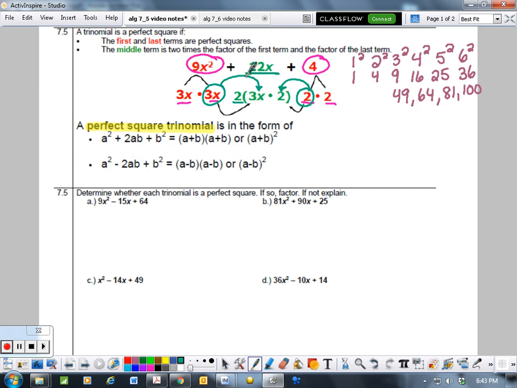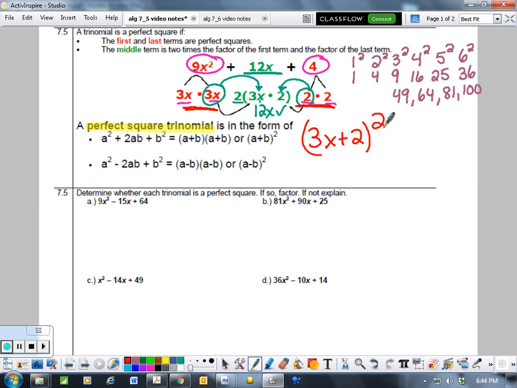So is this 12x really 2 times 3x, which is 6x, times 2, which is 12x? It is, which means it factors into a special pattern, and 3x is the root of the perfect square. So it'll factor into 3x and positive 2, squared.